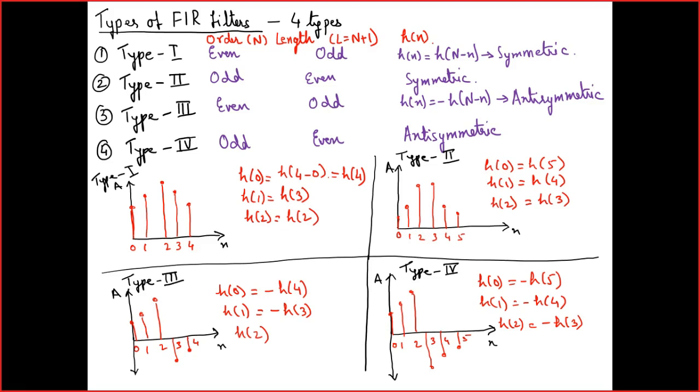But we will not cover those in our syllabus, otherwise we cannot cover many of the other things. So we will be restricting ourselves to type 1 and type 2 filters.